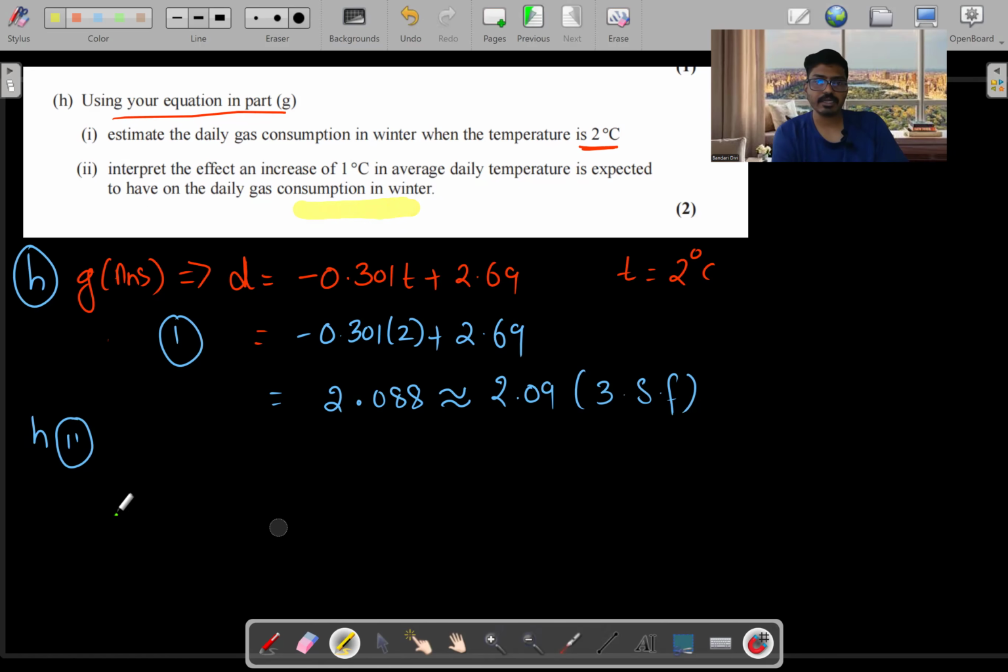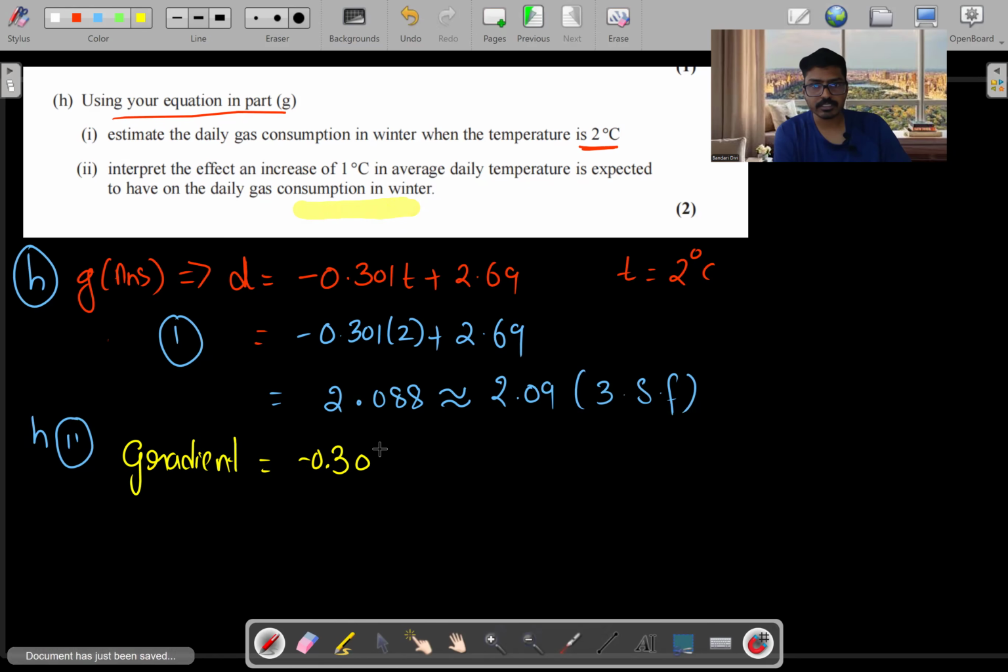So we need to interpret the result. Here we have to talk about the gradient. What is our gradient? The gradient we have obtained is minus 0.301.